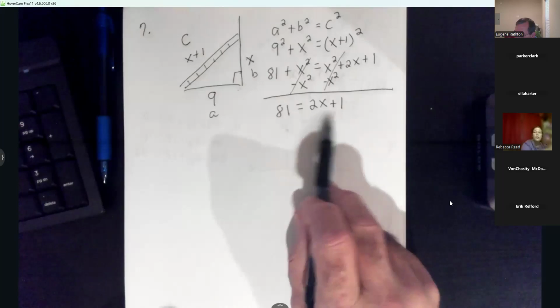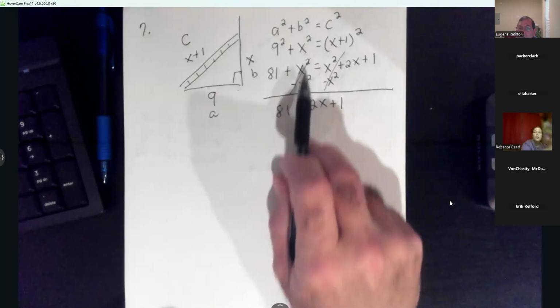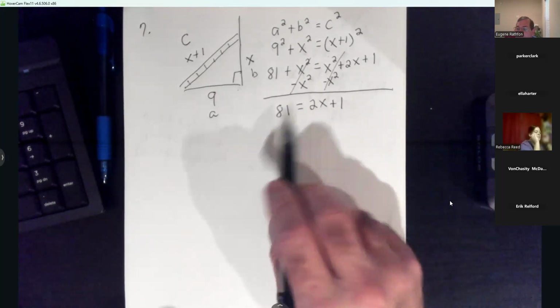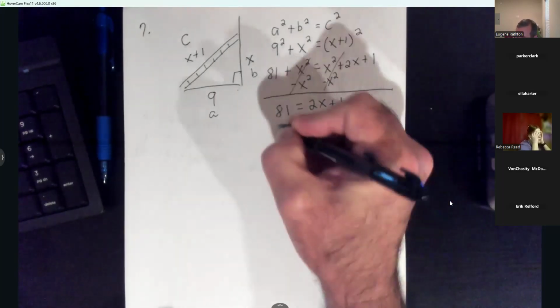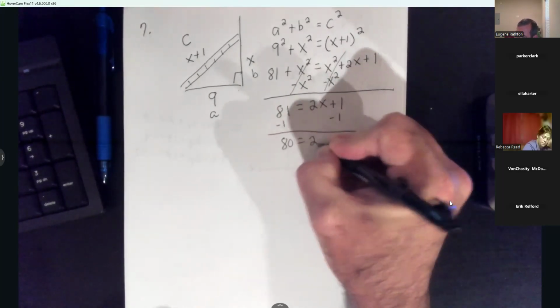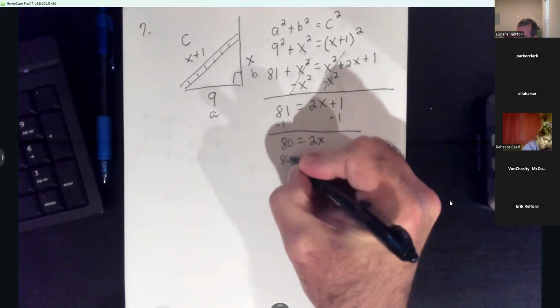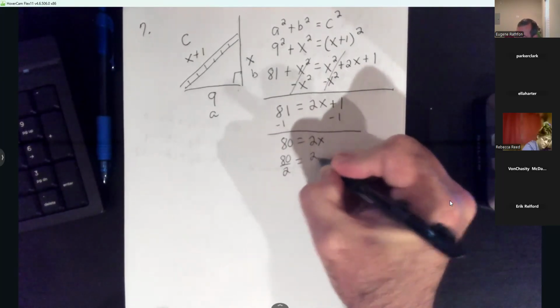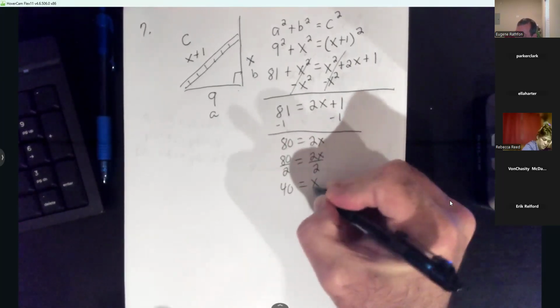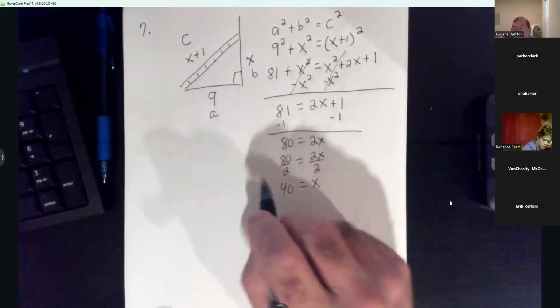All right, so now to solve this, it's not quadratic no more because all the x squareds canceled out. So we're going to subtract 1 and then divide by 2. So y'all, that's going to give me 80 equals 2x. And then I'm going to divide by 2. So that's going to give me 40 equal to my x.